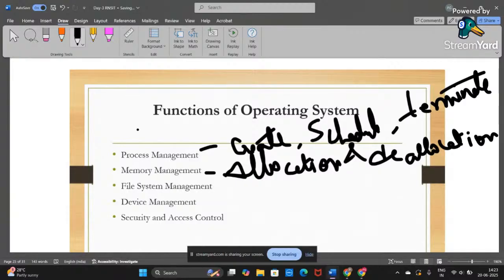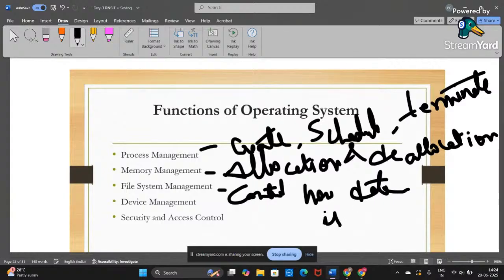File system management controls how data is stored or retrieved.